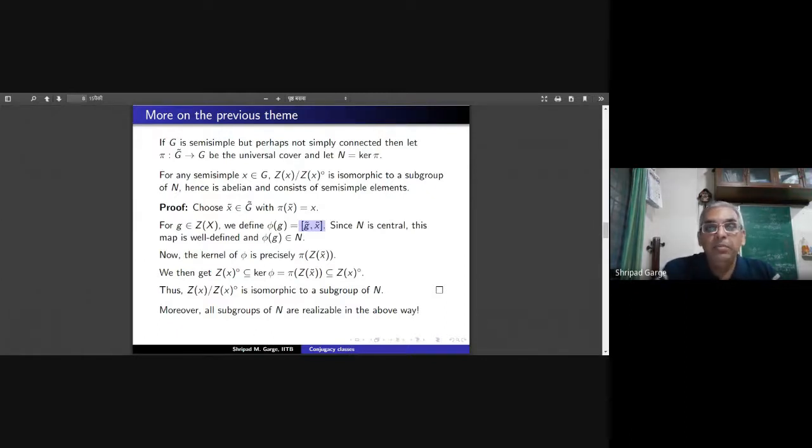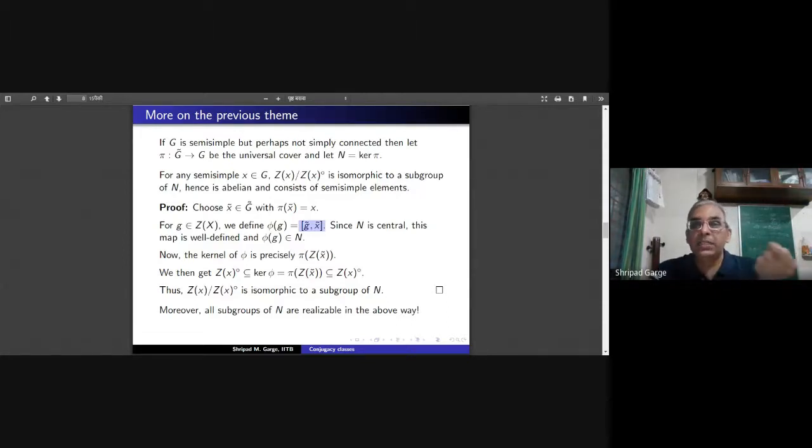So number one, your capital N, which is the kernel of pi, is a central subgroup. And if you were taking different lifts, if instead of X tilde you were taking X1 tilde as a lift of X, and for G you were taking G1 tilde, then G1 tilde will differ from G tilde by a central element.